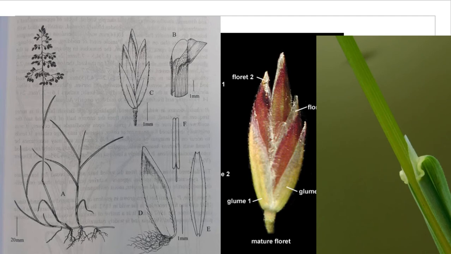And it prefers permanent damp grassland, marshland, stream and riverbanks, road verges and waste places. This is Poa pratensis, subspecies irrigata.